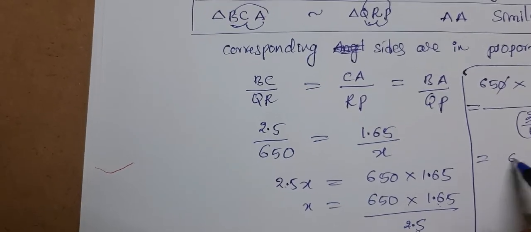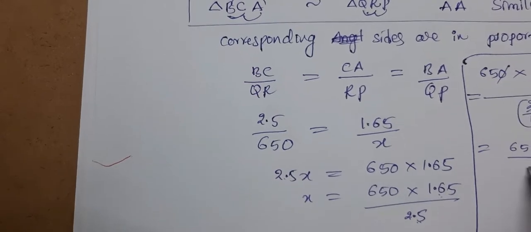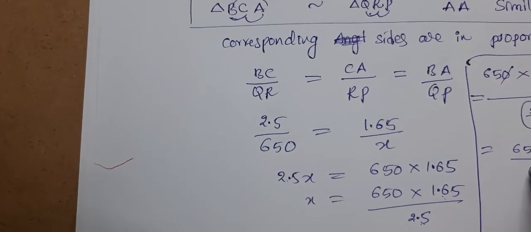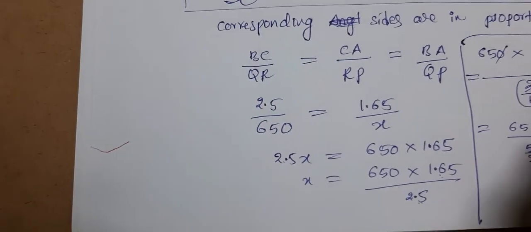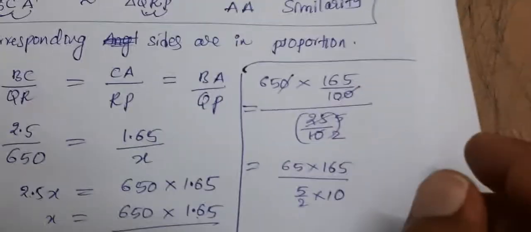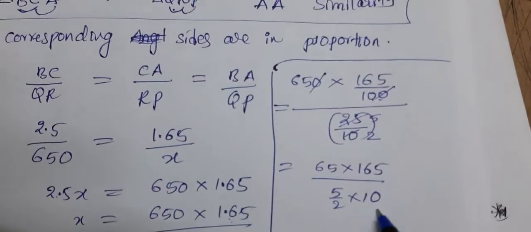Next step, 65 into 165 by 5 by 2 into 10. Now see that.